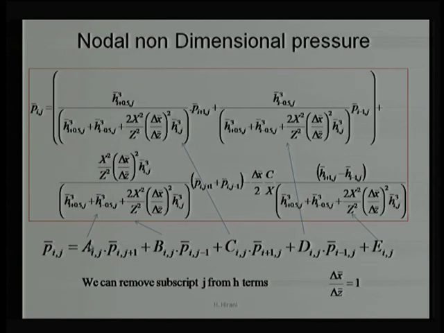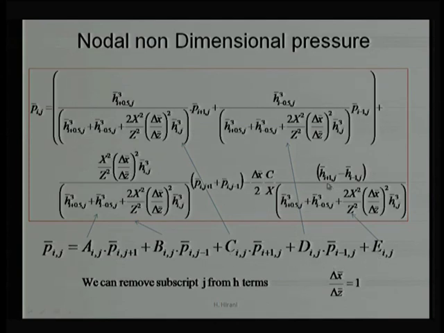Another thing is that when we are dropping this j from the h term, then this constant also will not require the j term, because the whole term is representing A, and here if I drop j, after that there is no j at all in this term. So, we can drop this j from Aij also, it will then be only Ai, similarly Bi, Ci, Di and Ei.